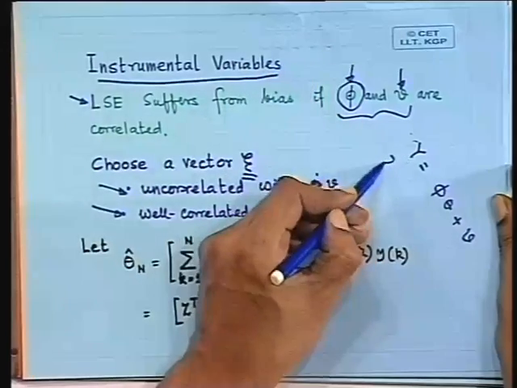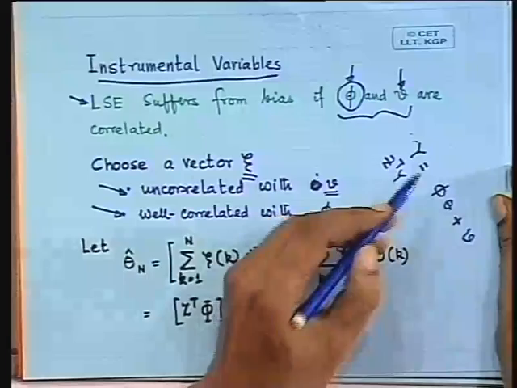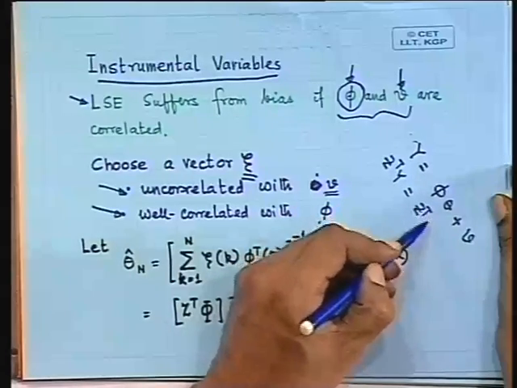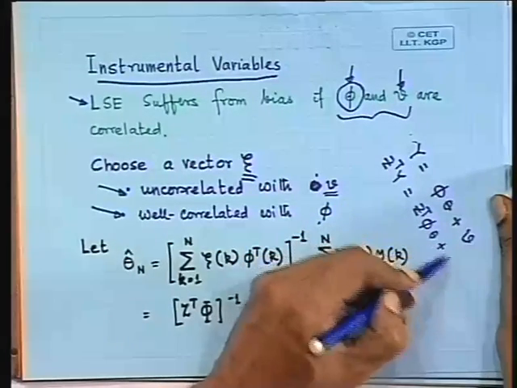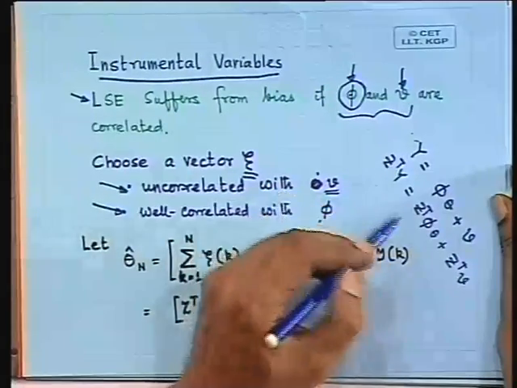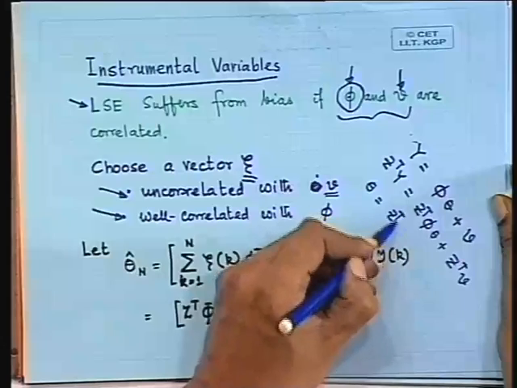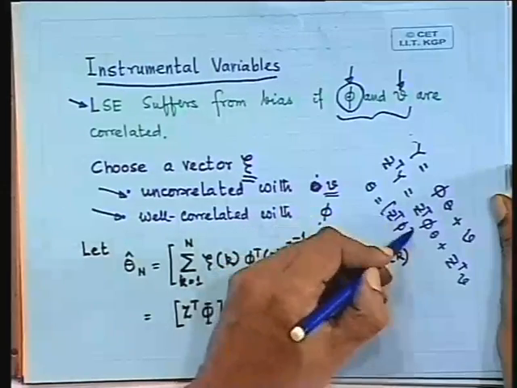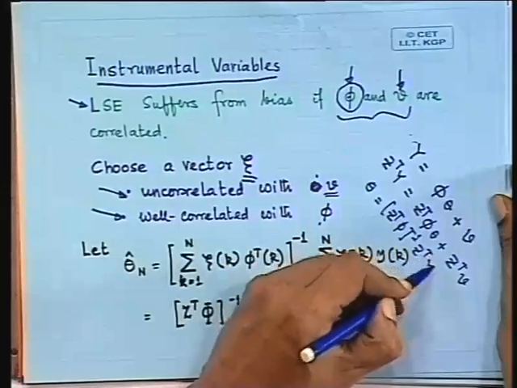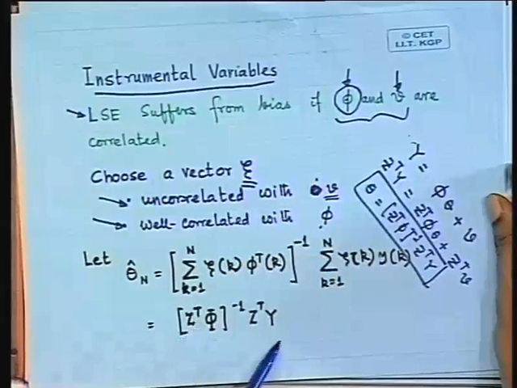Rather than doing that, let us multiply by a new matrix called Z transpose. Then it will be Z transpose y equals Z transpose phi theta plus Z transpose v. So now, what is your theta? Take theta as Z transpose phi inverse Z transpose y. Suppose you calculate theta like this.